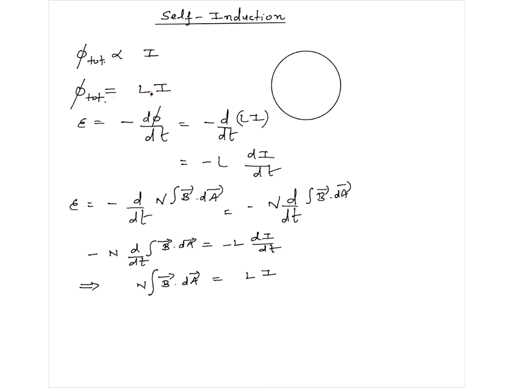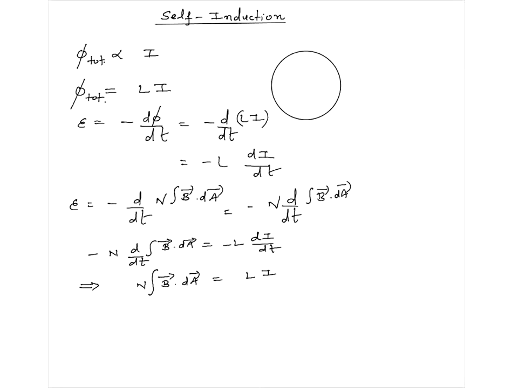Phi total is Li, right? And I'm assuming that this is an isolated type of system. Like this coil is alone, nobody else is in the neighborhood that can contribute to flux.